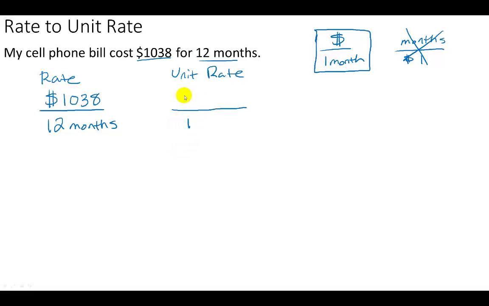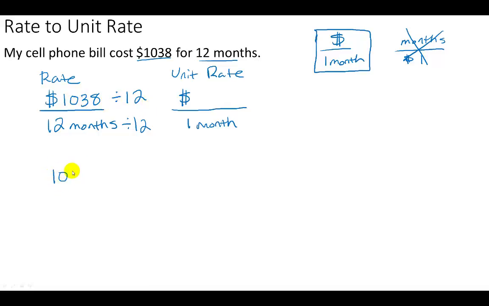I know I'm going to have money on top and 1 month in the denominator for the unit rate. So now we need to make 12 months become 1 month. Take a number and divide it by itself, and you get 1. So 12 divided by 12 will be 1. Whatever we do to the bottom, we have to do to the top. So 1,038 divided by 12.